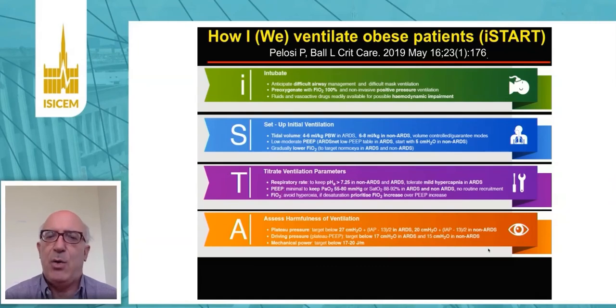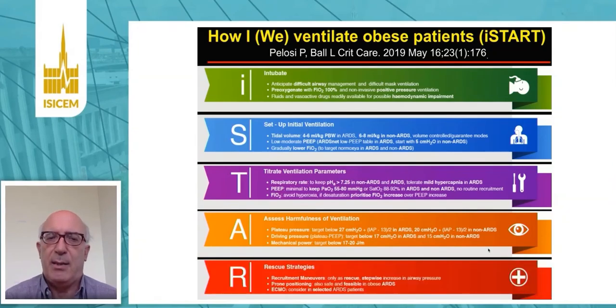Likely maintain mechanical power below 17 to 20 joules per minute. R: use rescue maneuvers, recruitment maneuver, only as a rescue, by using a stepwise increase in airway pressure. Prone position may be safe and feasible in obese ARDS patients and appears to be associated with better survival, and ECMO to be considered only in selected ARDS obese patients.